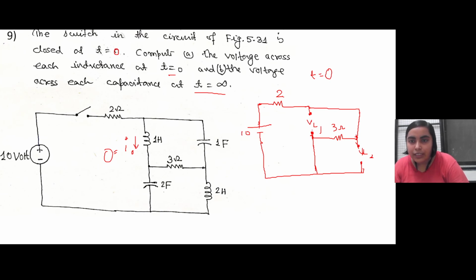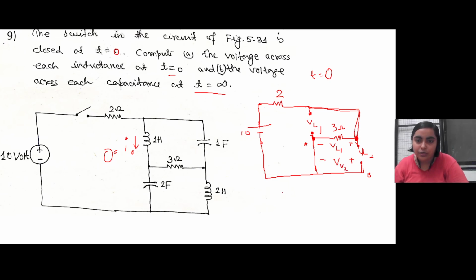So VL1, that is the voltage across this inductor, is at the same node. Similarly VL2 is also, this node and this node are the same, that is, A and B nodes are the same, right? So this VL2 is also the voltage across this 3 ohm resistance.